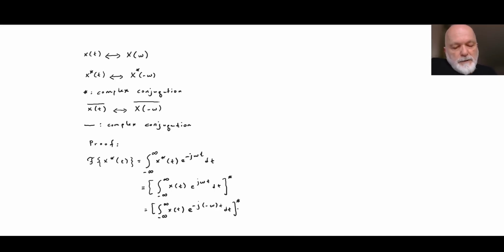We recognize this expression as just the Fourier transform evaluated at minus omega. So the Fourier transform of the complex conjugate of x of t is the Fourier transform of x of t evaluated at minus omega, and then we take the complex conjugate.